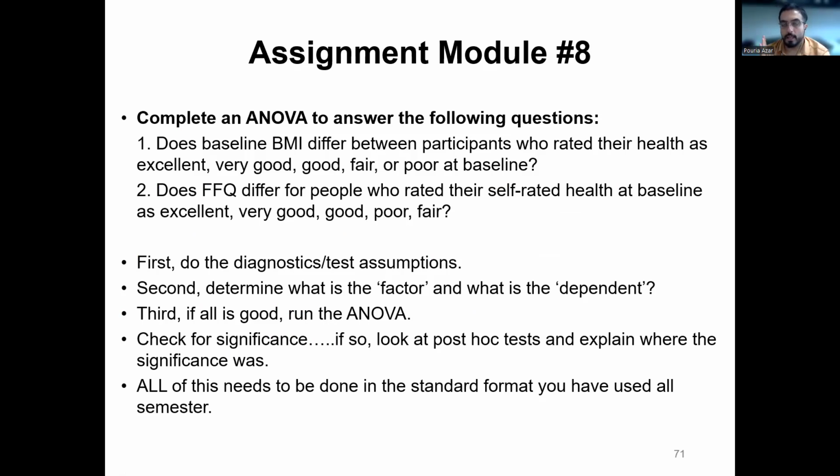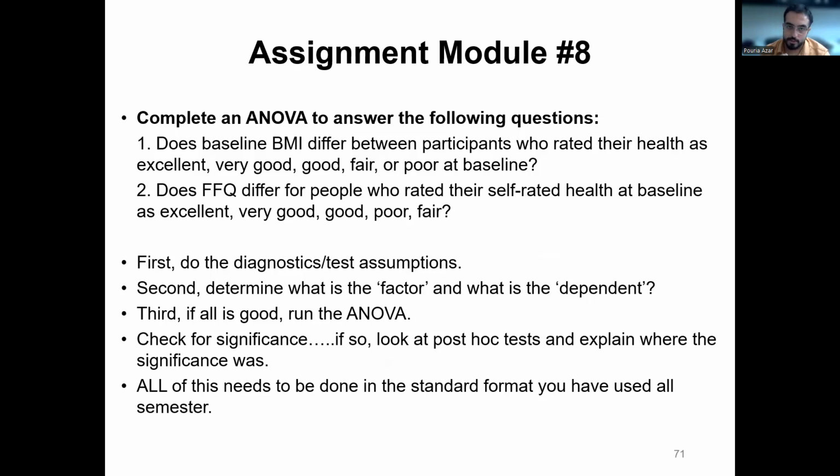Because baseline BMI is the dependent variable, it's a continuous variable, and our independent variable is our health status, but we have more than two groups. So we are comparing the mean of baseline BMI by health status.